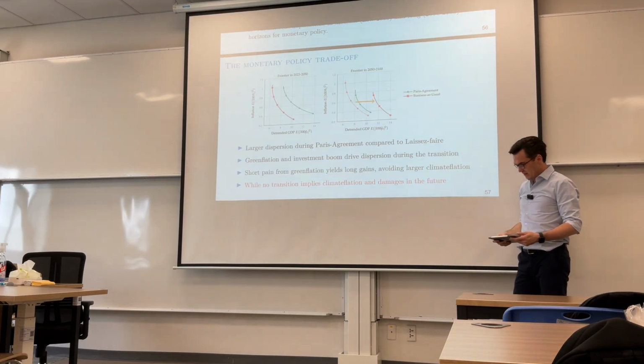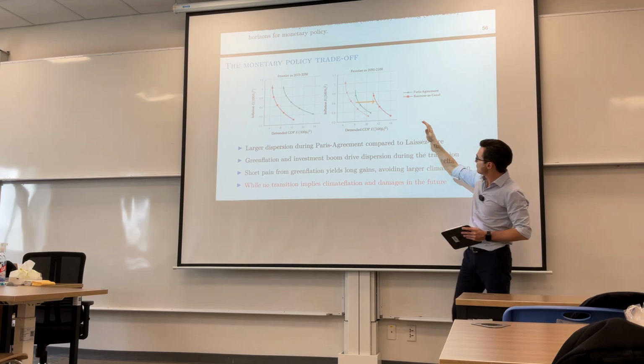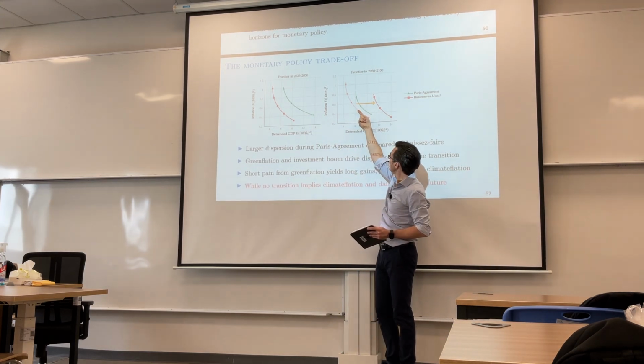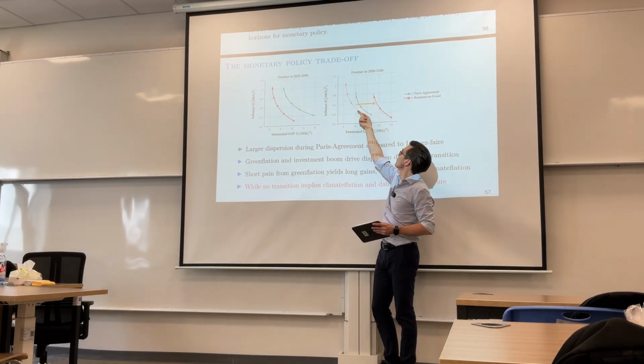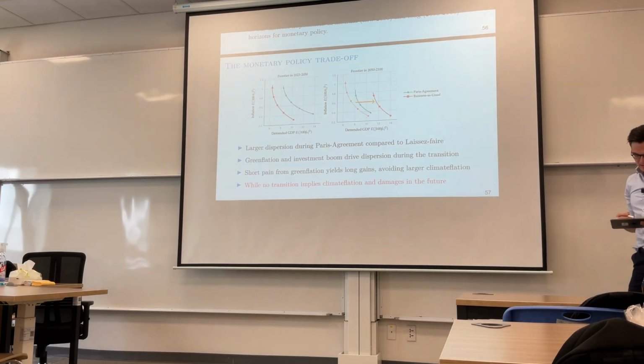So the greenflation investment boom, so to say, drives this volatility frontier down, but the climate-inflation effects on the laissez-faire economy drive the frontier out. So that's basically the idea.